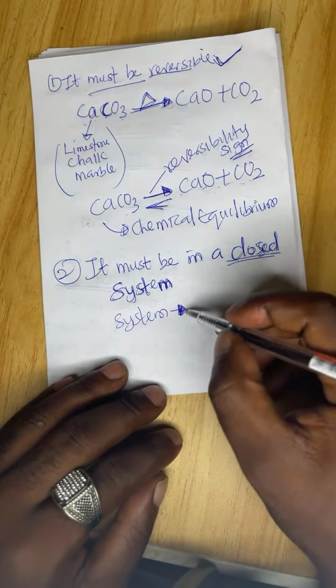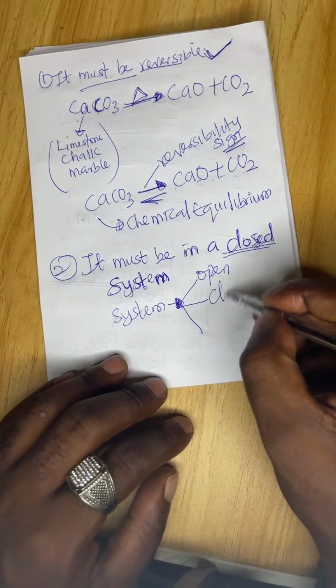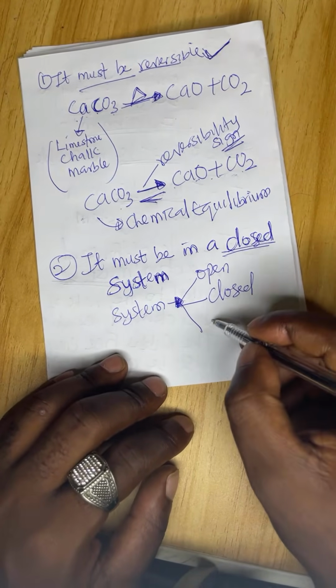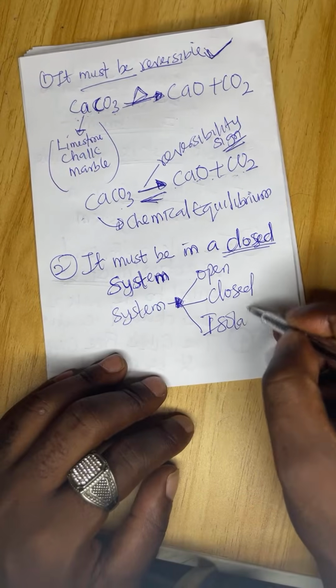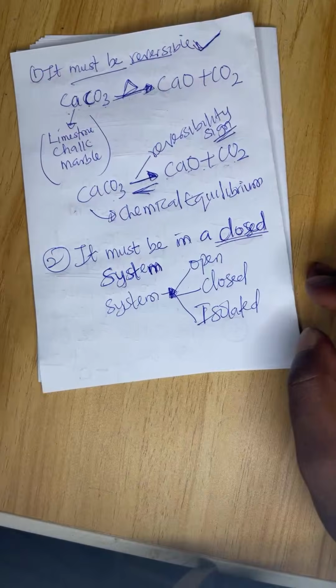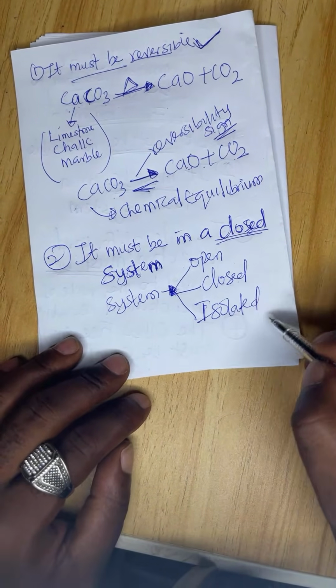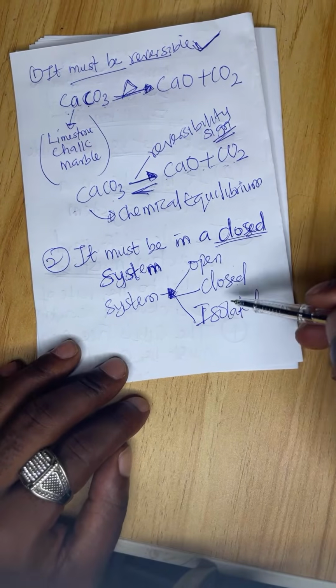Now, there are 3 types of system: open system, closed system, and isolated system. You must know this.